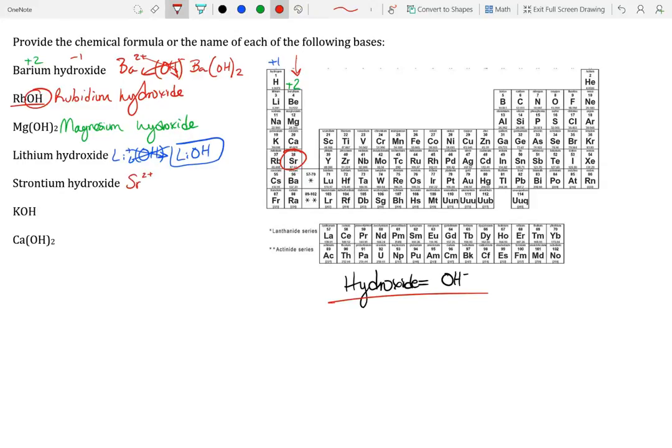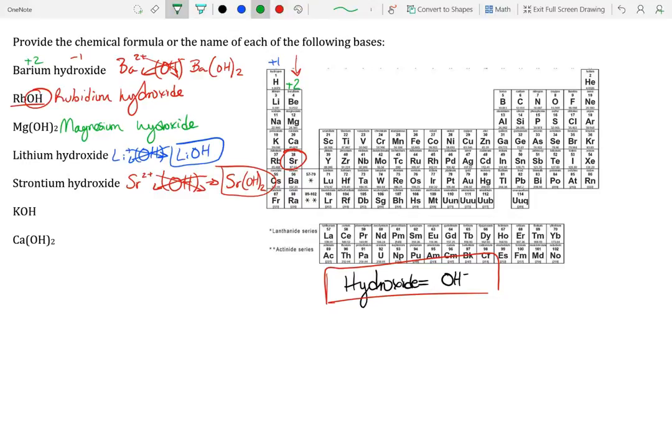What's hydroxide? Over here we see that hydroxide is OH-, right? Cross the charges. So we get Sr1, we don't have to write the 1 though, Sr(OH)2. And that's how you write strontium hydroxide. Remember, it's very important you write the parentheses. You don't want to miss a question like that on the exam, should there be one.